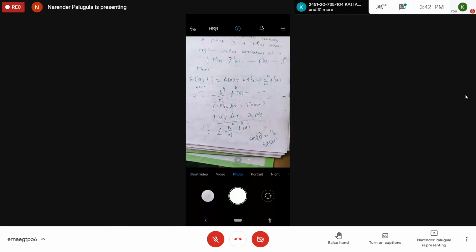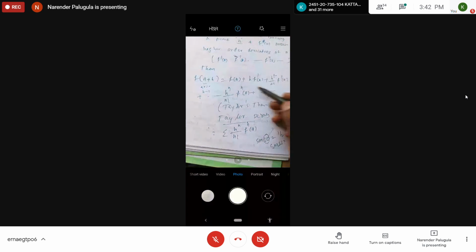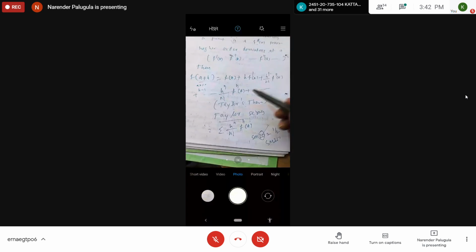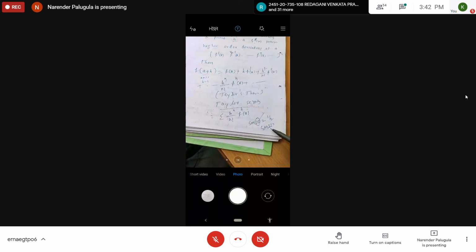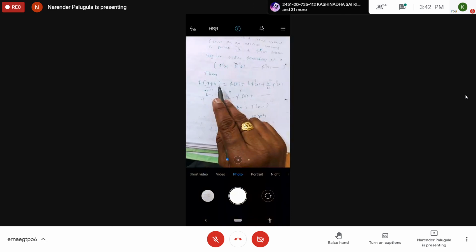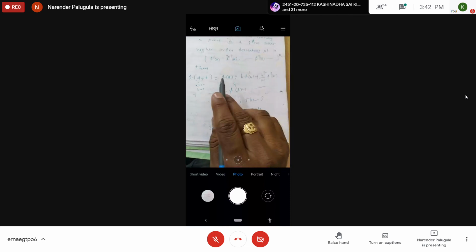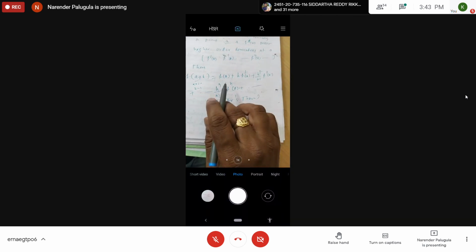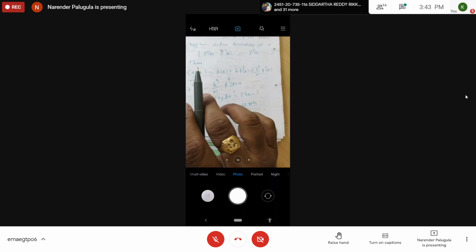You get the value; we simply find f dash, sin double dash. It is very important: we can find approximations. Using Taylor series, we can find the approximate values of functions in the neighborhood of a particular point.